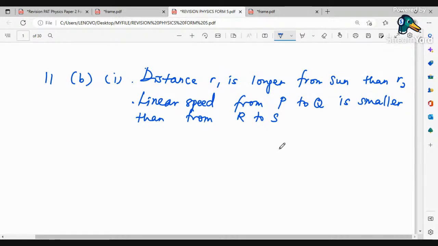Jadi kita maksudnya macam kita mula dengan R1 lah. Okay. Linear speed P to Q is smaller than R to S.